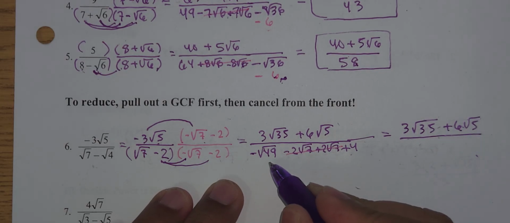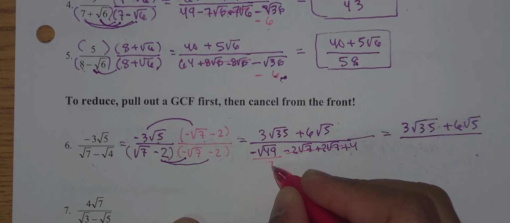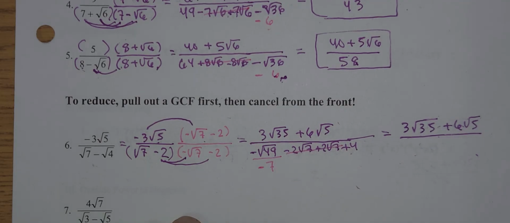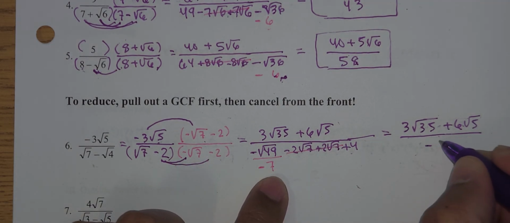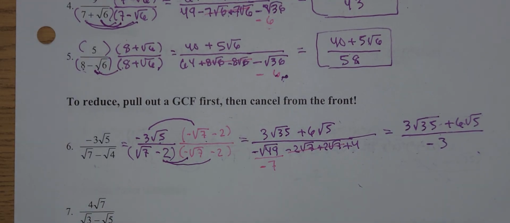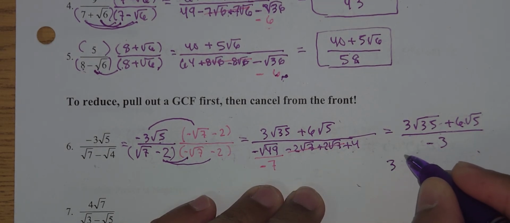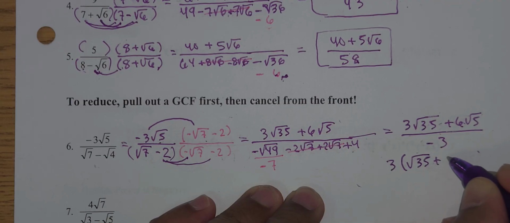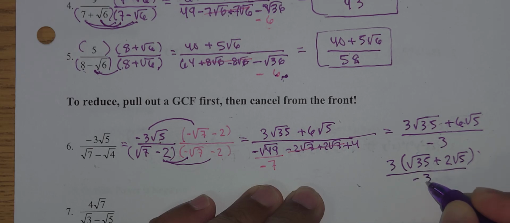Denominator, this becomes, I hope you guys can see it, square root of 49 is 7, but this has a negative in front of it, so that 7 is negative. So then we have negative 7 plus 4, that's a negative 3. So now watch this one. There is a GCF of 3, right? So I'm going to factor it out. So this is 3 times the square root of 35 plus 2 square root of 5 over negative 3.